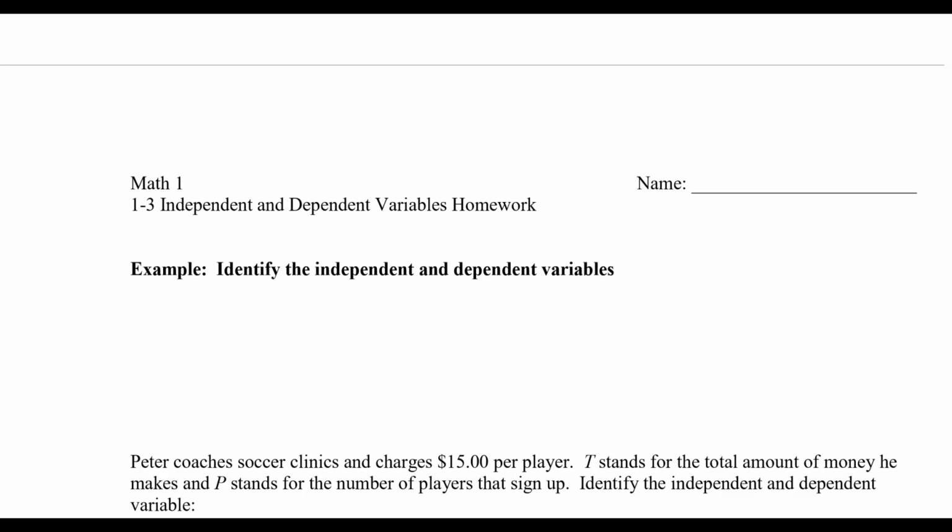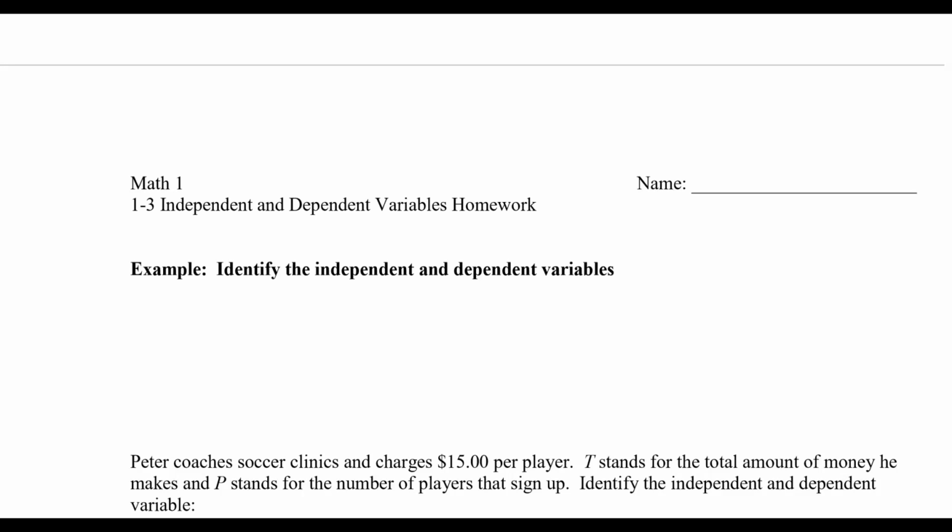So let's look at this first example and see if we can identify the two things that are changing, and a step further, identify one of them as being dependent upon the other, and of course then the other one would be the independent variable.